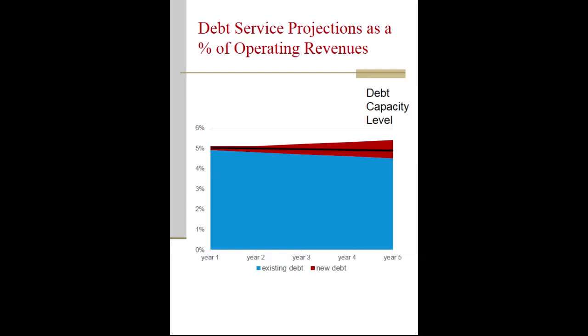So then they would have to decide whether they need to not do as much debt, i.e. not finance as many projects, or if they're willing to go over the debt capacity level they have established. And this can be a challenging conversation to have, but it's one individuals have, right? Can I afford to borrow for a new car, or is that going to make my debt unmanageable?